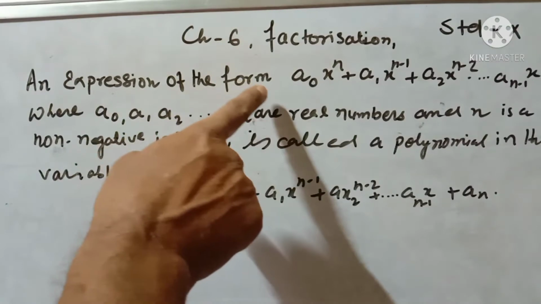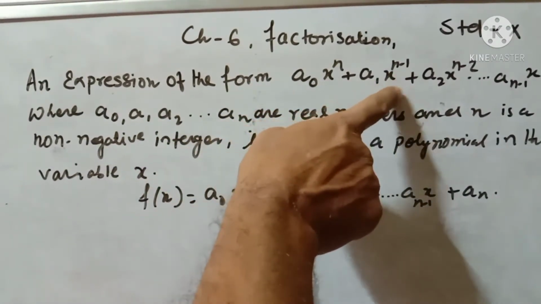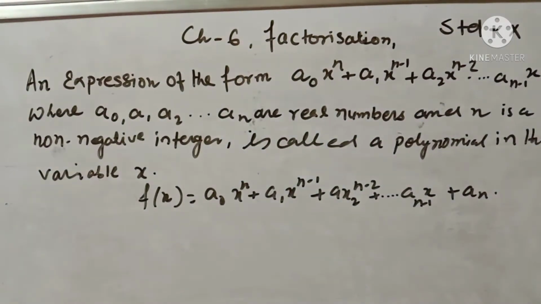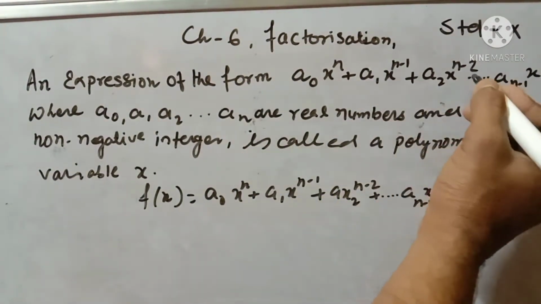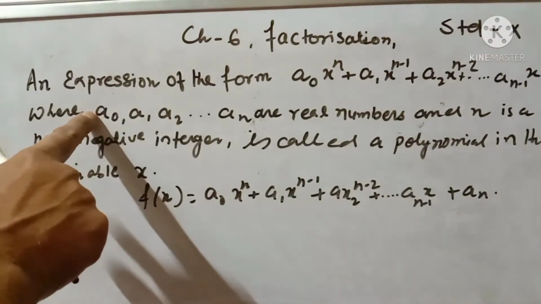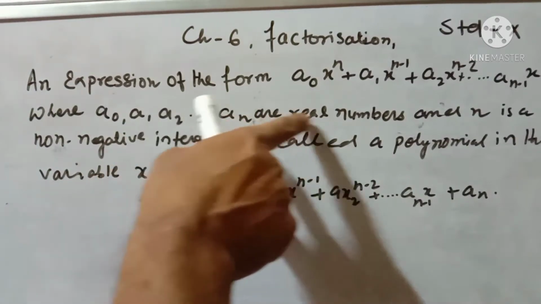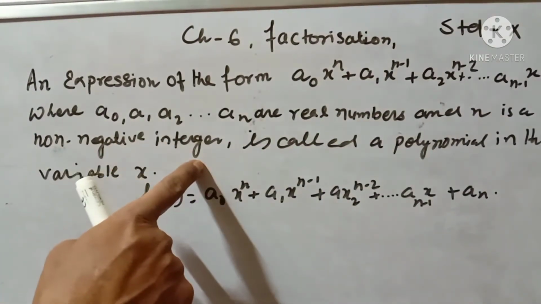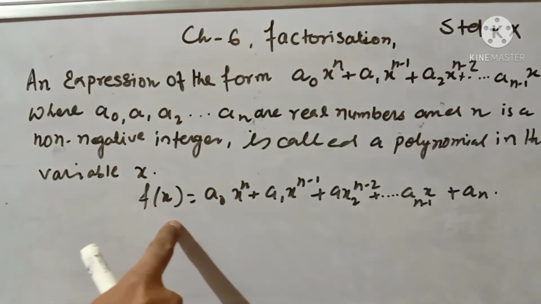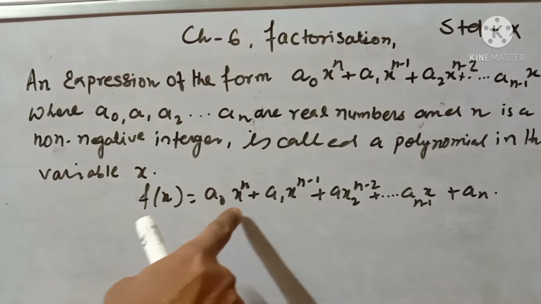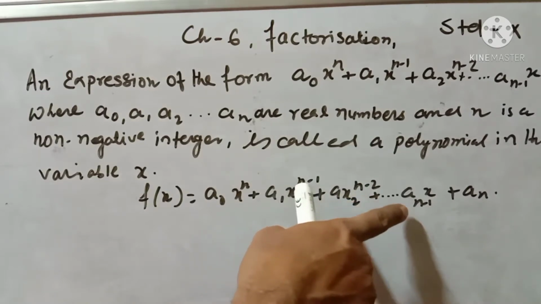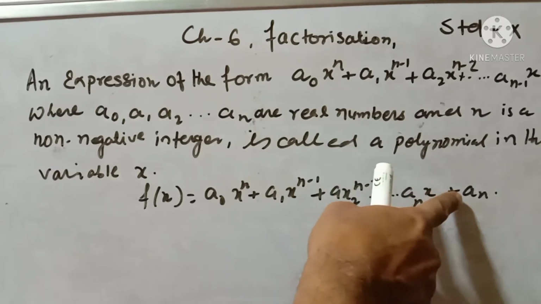An expression of the form a0 x to the power n plus a1 x to the power n minus 1 plus a2 x to the power n minus 2 plus ... plus a(n-1) x plus a n, where a0, a1, a2, ..., a n are real numbers and n is a non-negative integer, is called a polynomial in the variable x. We write it like this: f(x) equal to a0 x^n plus a1 x^(n-1) plus a2 x^(n-2) plus ... plus a(n-1) x plus a n.